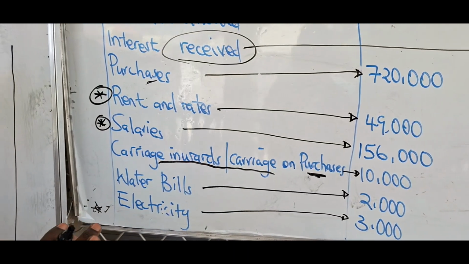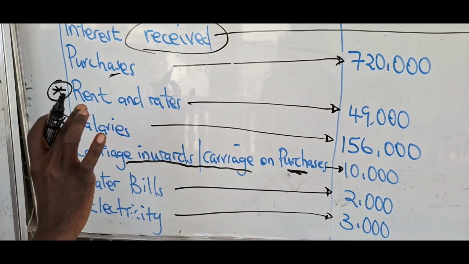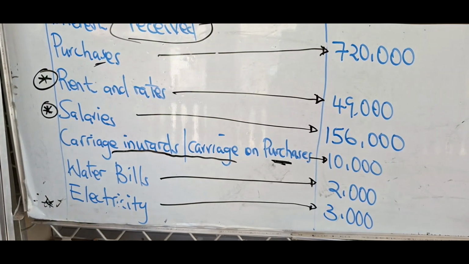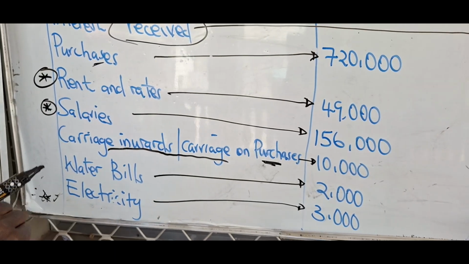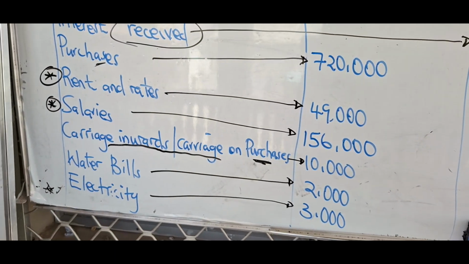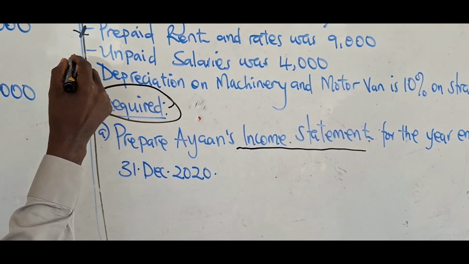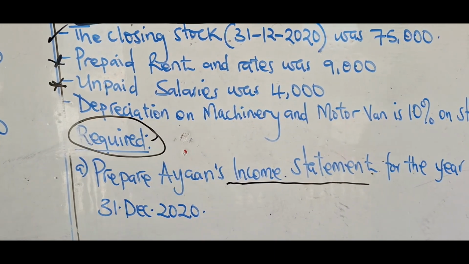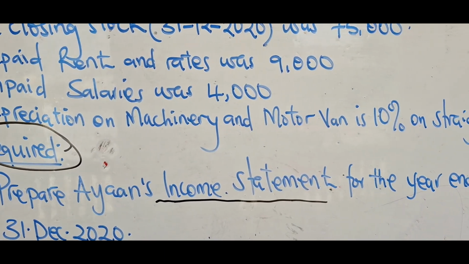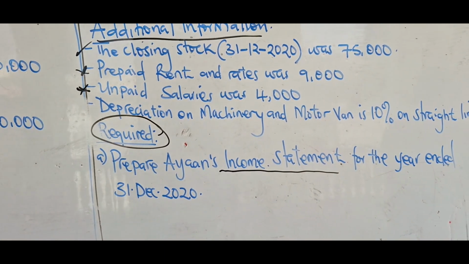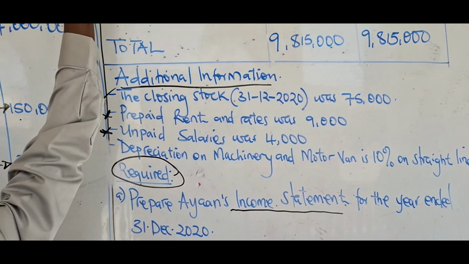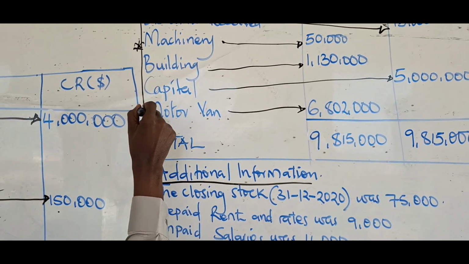Start by identifying the operating expenses which have attachment with additional information. Put a star so that you can remember that you have to do some small working there. Then you have depreciation of machinery and motor vehicle. Look for machinery, it's there, and motor vehicle, which is here.